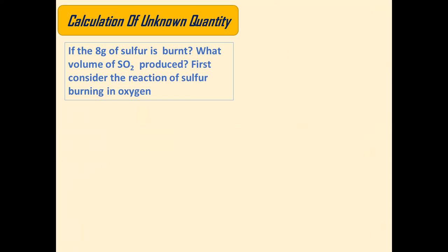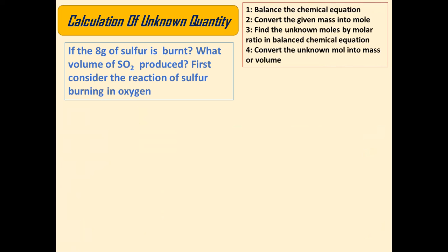We're going to see another example: calculation of unknown quantity of the product. For example, if 8 gram of sulfur is burned, what volume of sulfur dioxide is produced? Here in the reactant, the sulfur is given in the form of mass, while the examiner is asking for the product in the form of volume. We're going to follow the same method.